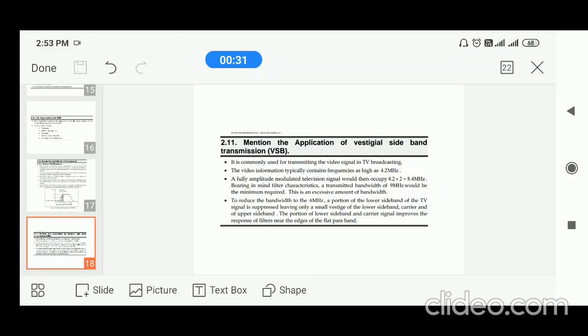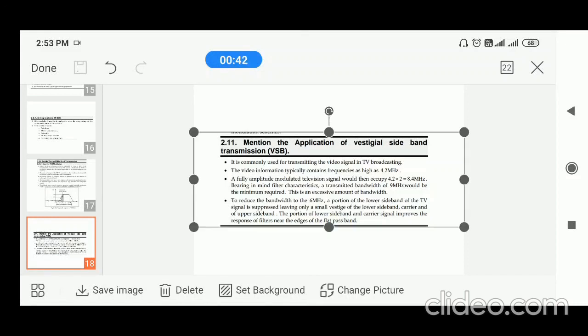The vestigial sideband is only for modulation techniques or systems which have low frequency components at the transition of the sidebands. So when you suppress one sideband, the filter not only suppresses one sideband but also some portion of the other sideband.